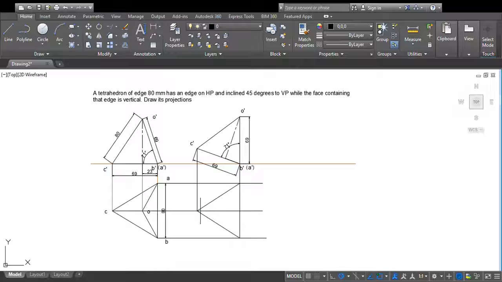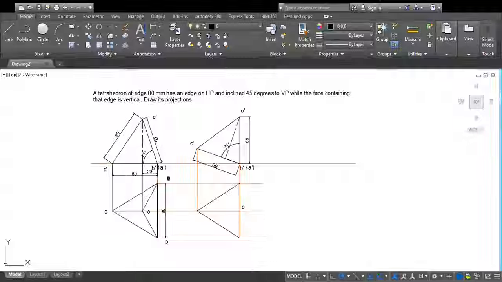One line from here to here. So I got all the lines. Now all these lines are projection lines. That should be thin line, so I'm making those lines very thin. So I got the top view of this object. Now I'll just name it. This is O1.